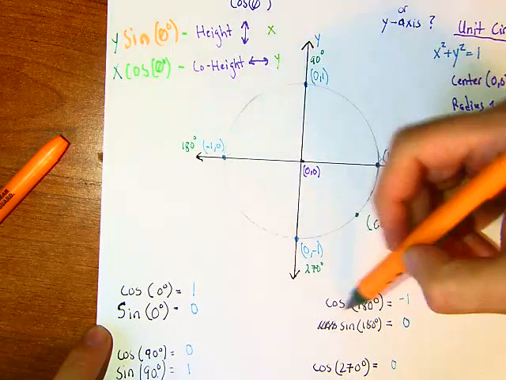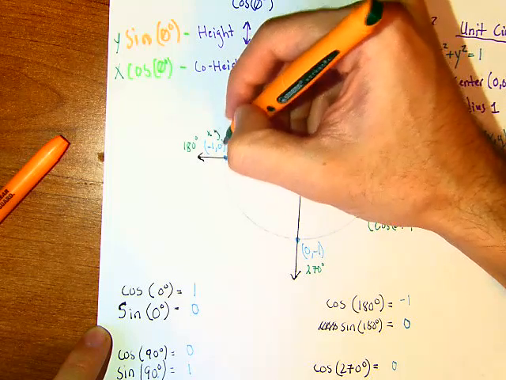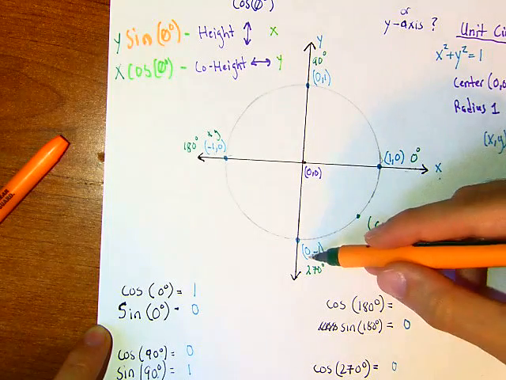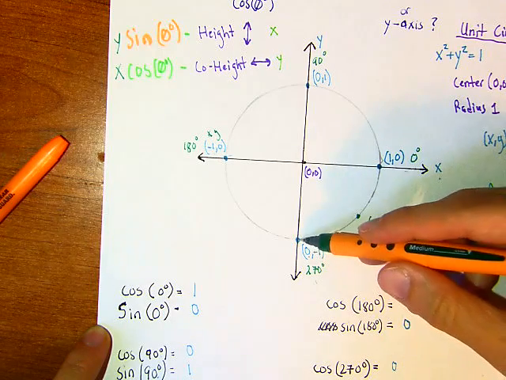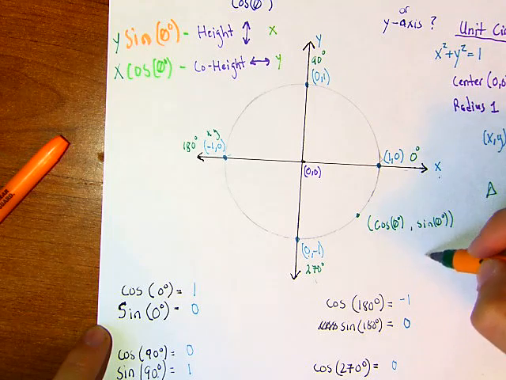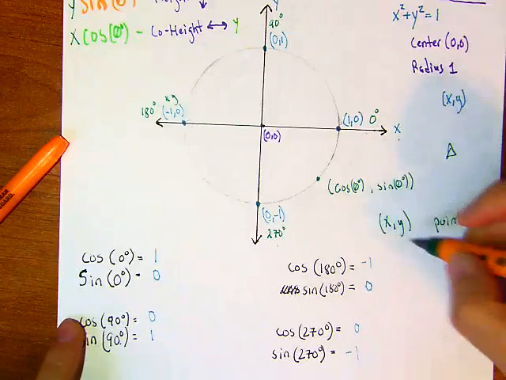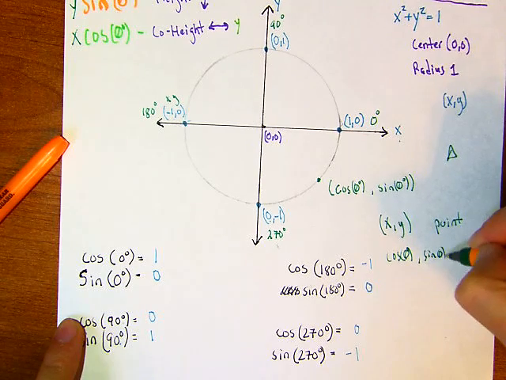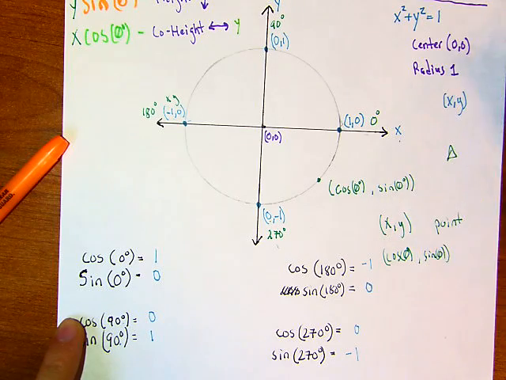Look, 180 degrees: my x is my cosine and this is my sine. Cosine negative 1, sine 0. Cosine of 270 is 0, and it's the same position on the coordinate plane: 0, negative 1. So if I think of xy as a point, you have to think of xy as cosine theta, sine theta. This is a point. A cosine theta is an x, a sine theta is a y.